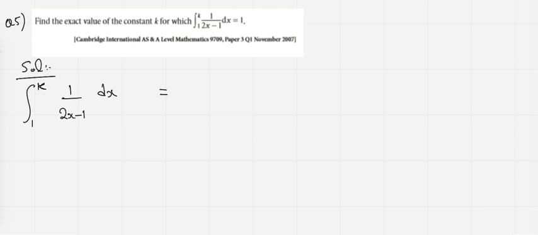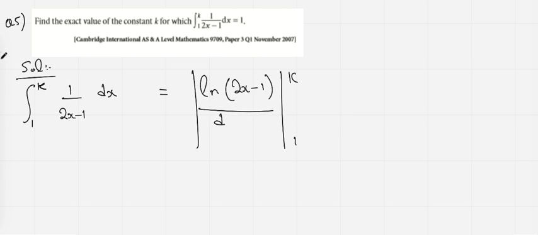So it is equal to ln of that variable. Now going from 1 to k, in the denominator you are going to take the derivative of this 2x minus 1. This is the alternative to your u substitution.